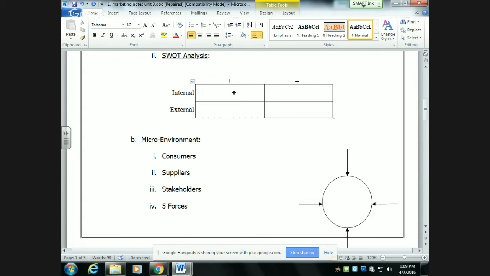Okay, so these are the strengths. These are the weaknesses, opportunities, and threats. Okay, so as you can see, under the first box here, we've got things that we do well, right? So it's got the plus and it's internal. So it's stuff that we do well, okay?